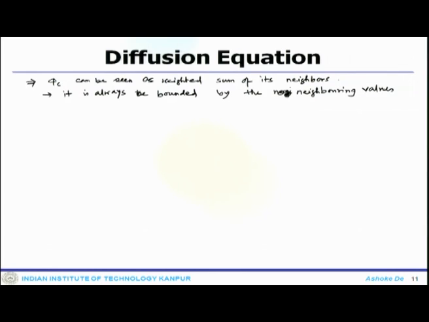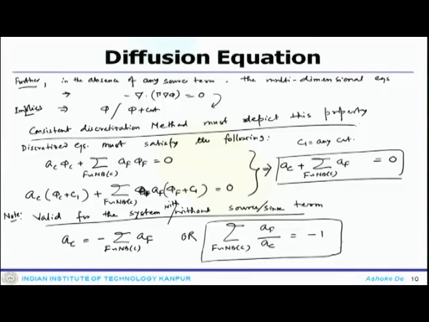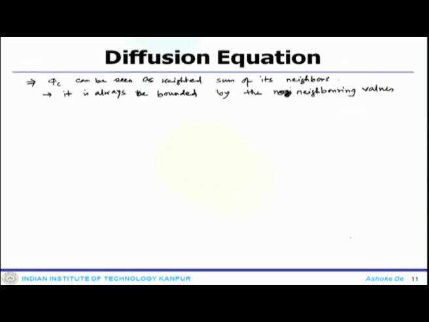So, phi c must be looked at as a weighted average of its neighboring elements, and it remains always bounded by the neighboring values like phi f, whether east or west.